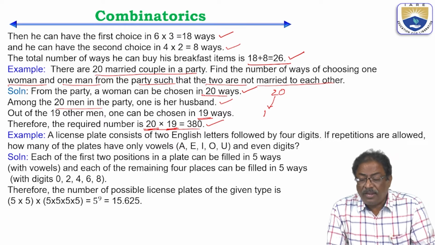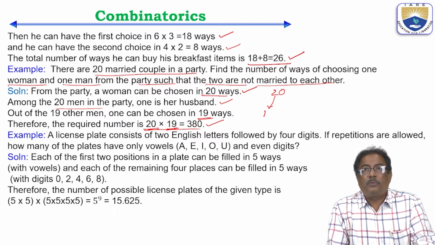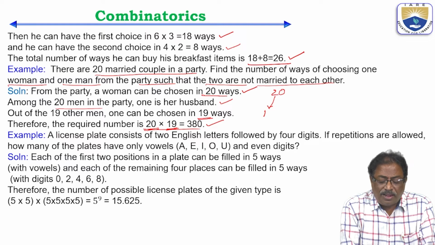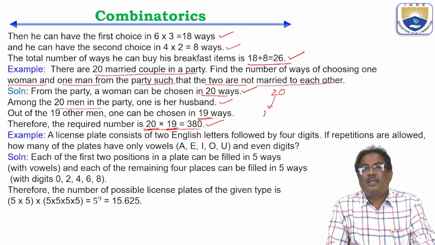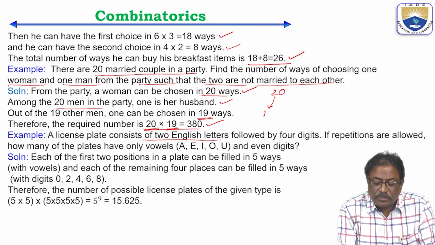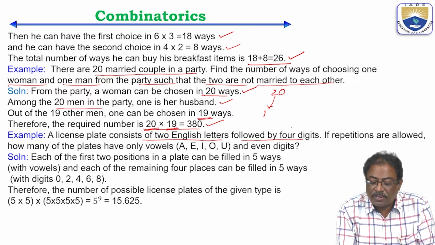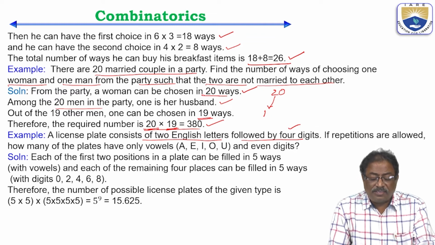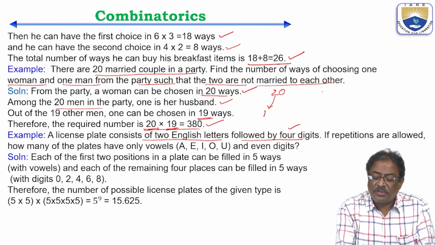Now, let us go for the other example. A license plate consists of 2 English letters followed by 4 digits.